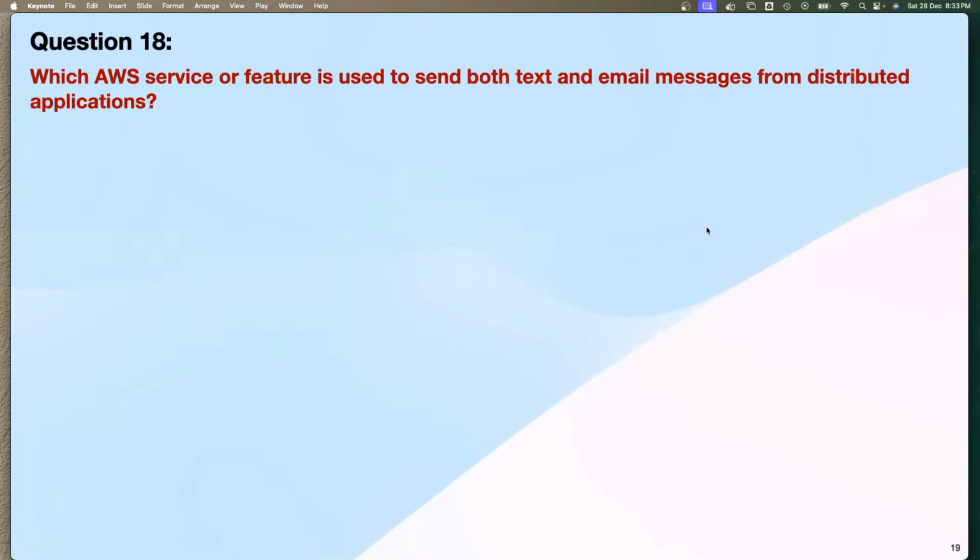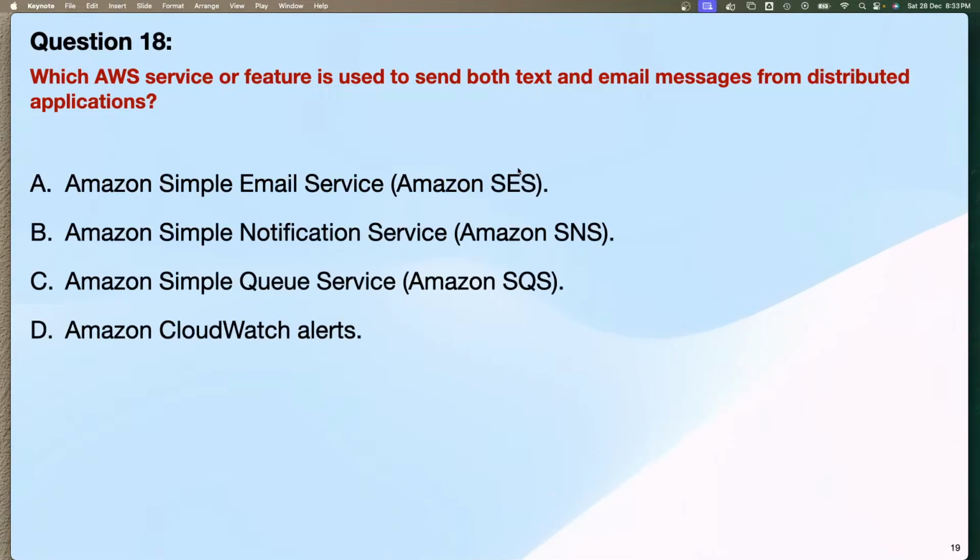Okay, so let me go to question number 18. Which AWS service or feature is used to send both text and email messages from distributed applications? So they're asking you to find a service which can send both text and email messages. We discussed this service in our video course also.